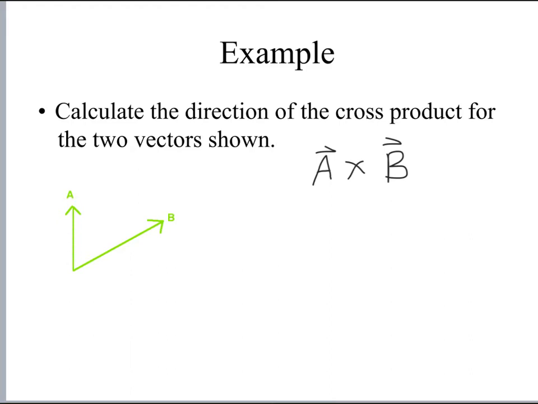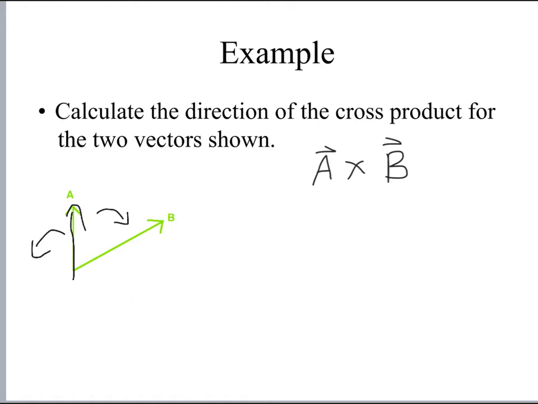Now, if I am pointing my fingers from the bottom to the top and my thumb is extended towards out of the page, if I try to curl, my fingers are going to curl away from B. In other words, if my fingers are pointing this way and my thumb is coming out of the page, when I try to curl my fingers, if this is my right hand, my fingers are going to curl that way. And that's the wrong way. I need my fingers to curl like that.